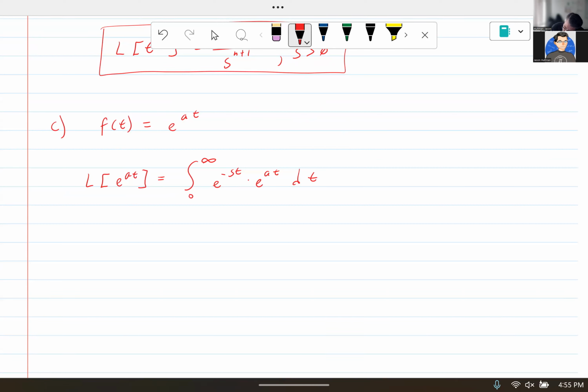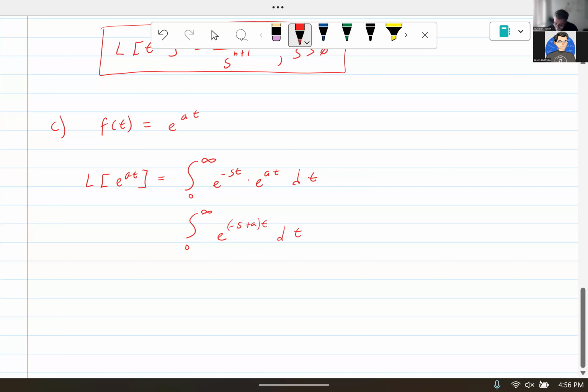Okay, let's combine the e's. 0 to infinity of e to the a minus s t, or what I probably want to do is think of that as a negative. So I'm going to just leave it as negative s plus a, t dt.